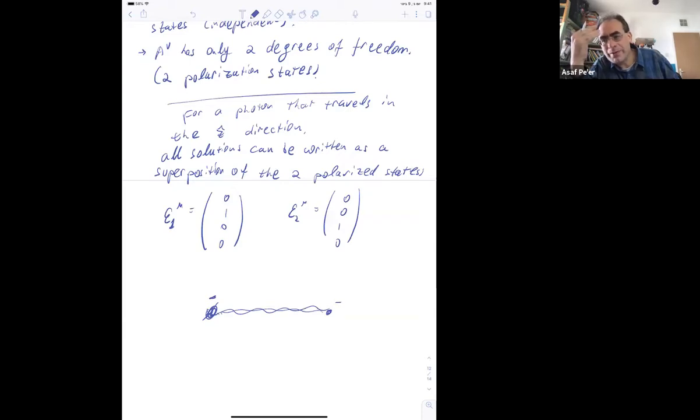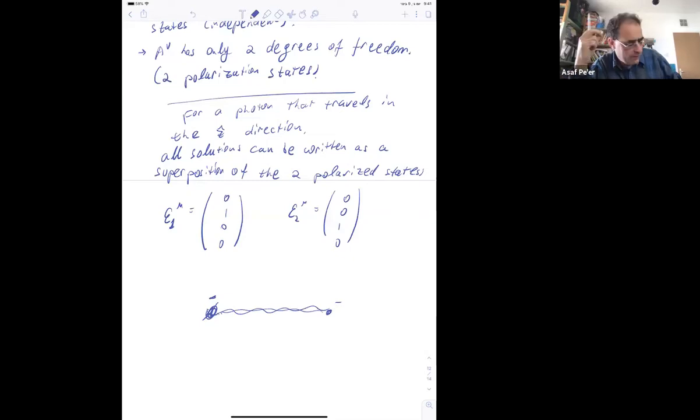I could make different choices of gauges and get different independent vectors. It's just going to complicate my life. If I make this choice of gauge, I end up with the simplest description of a single quantum photon, and that tells me that for a single photon I have to have these 2 polarizations.